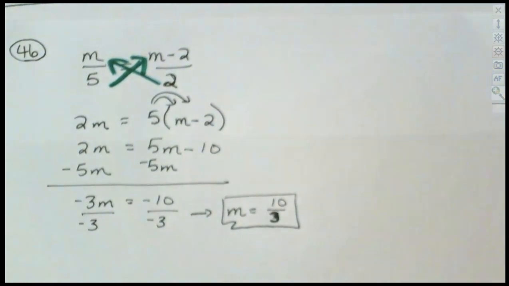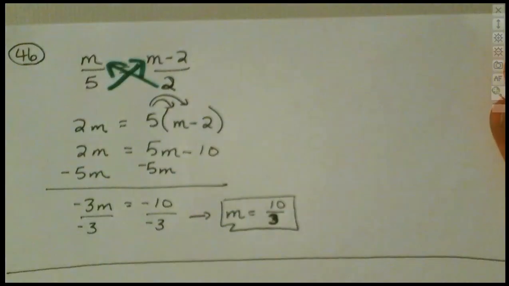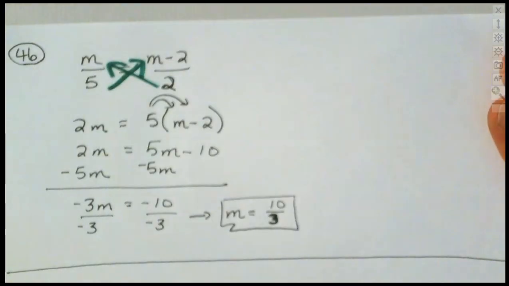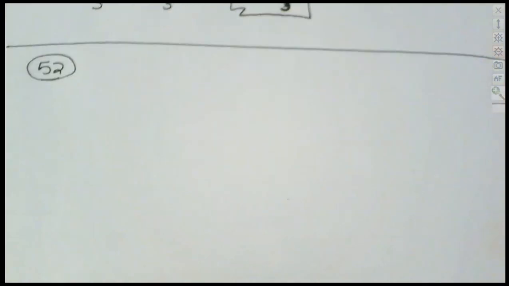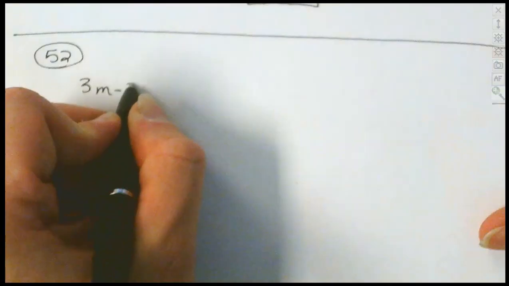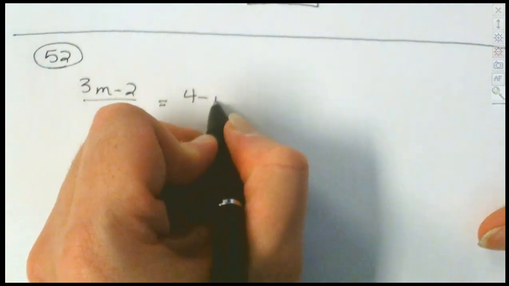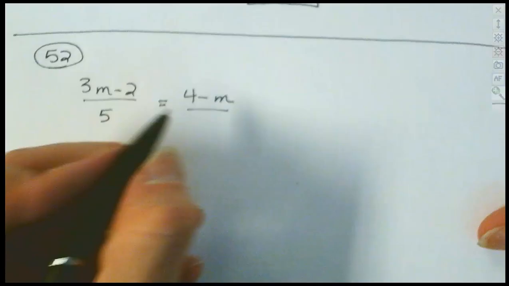Let's do one more of these, and then we'll talk about setting up these applications. So one more of these. Question, how about 52? So question 52, you've got 3m minus 2 over 5 equals 4 minus m over 3.